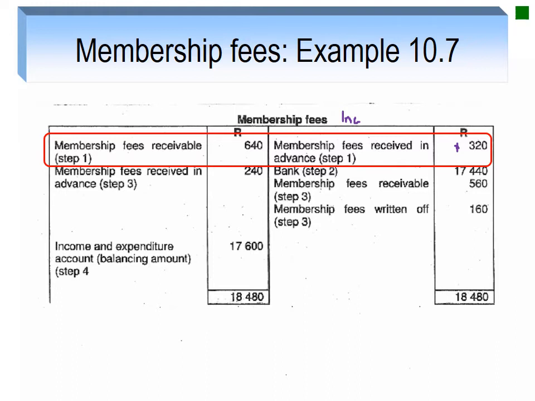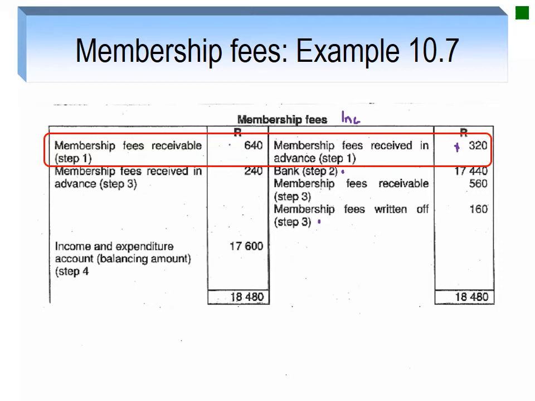On the debit side of the membership fees account, we have membership fees that we accrued for last year, but hadn't yet been received. We will find that those membership fees are actually going to get paid this year. Some of them might not get paid, then we'll write them off. So those amounts will be in these credit amounts here for bank and membership fees written off.